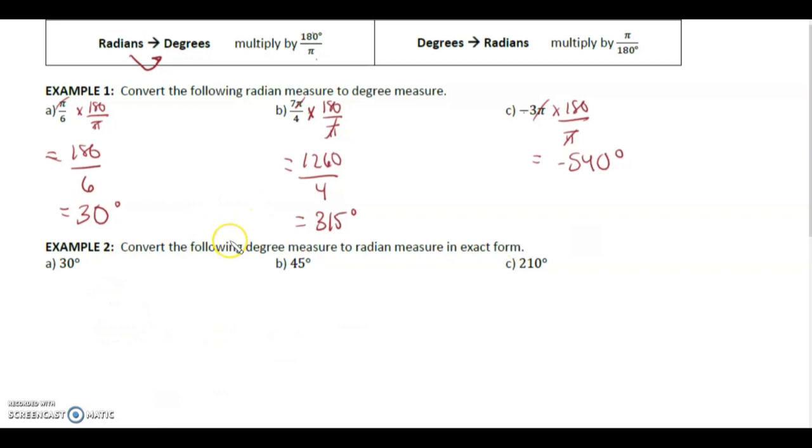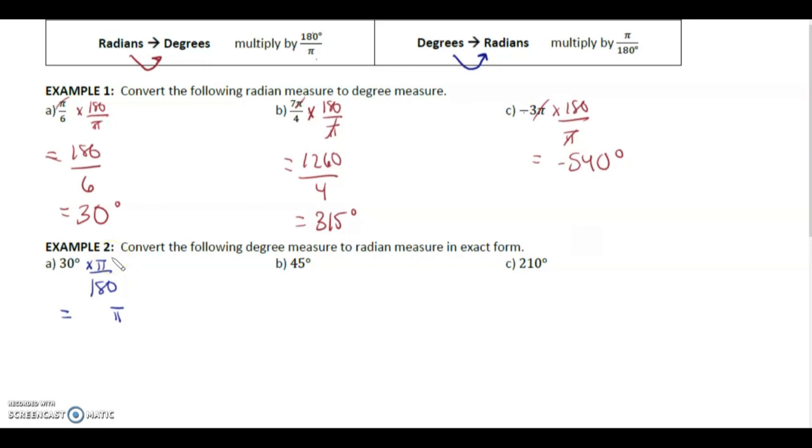Example 2, convert the following degree measure to radian measure in exact form. Okay, so we're going from degrees to radians. So we're going to multiply by pi over 180. So 30 degrees, we want to do times pi over 180. The pi, let's just bring it down. It's going to be in the numerator. It's not going to go anywhere.